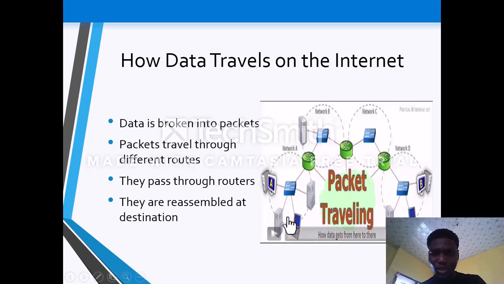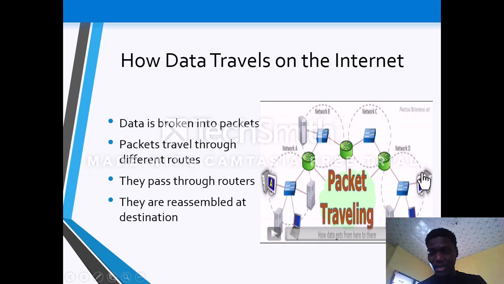So let me show you with this video. As we can see, we have a sender, which is A, and the receiver, which is B. The sender sends this information, and then the data is broken down into packets, then passes through the routers. So these are the routers.